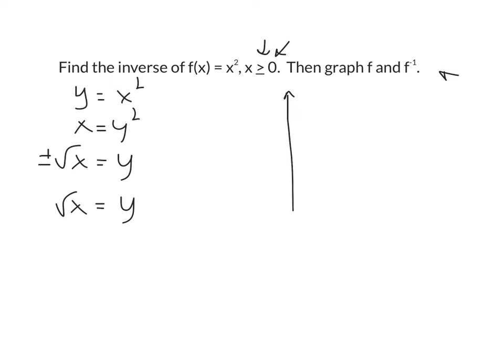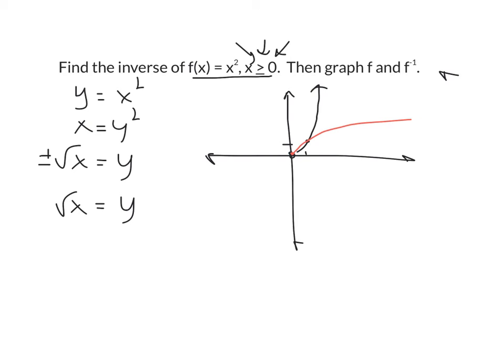If I graph them, the original function says y equals x squared. That's a parabola, but I'm just using the positive part of the parabola. When I start the parabola right here, it would go up 1 over 1, and the parabola's doing this. Now when I graph the inverse, the square root actually does this. It starts in the same place.